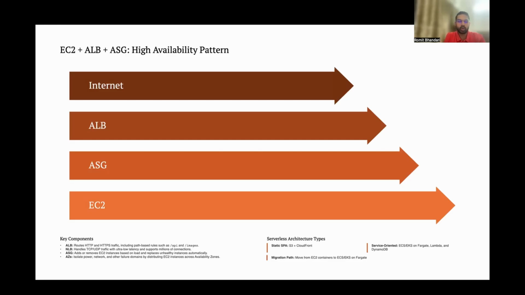In a region you will always have multiple AZs, that's the idea. So typically if you combine these four, then it becomes a really high availability pattern.